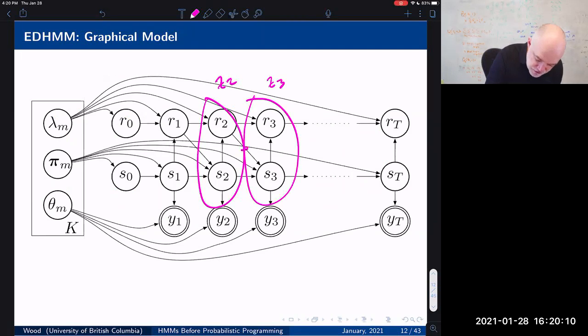There's just an arrow between Z2 and Z3, from Z2 to Y2, and from Z3 to Y3. But there's a lot of internal structure. All of these arrows go left to right, but inside there is a little bit of extra structure.